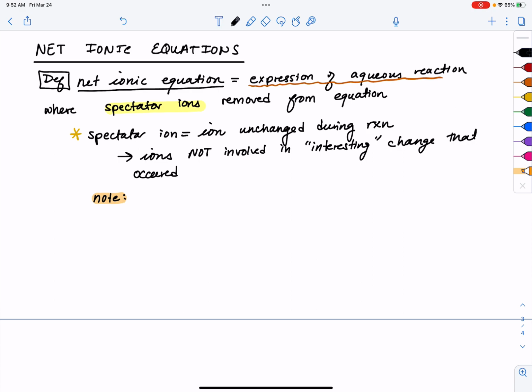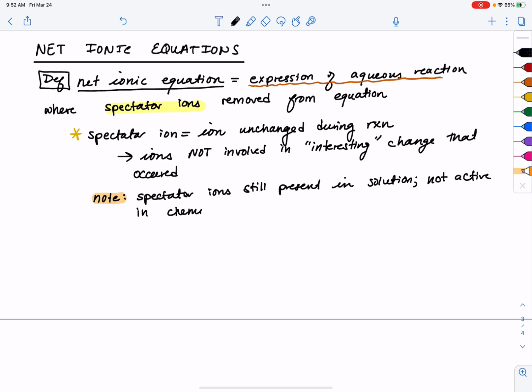So it's very important to remember that the spectator ions are still present in the solution. They're just not active or non-participatory in the chemical change that was going on in that beaker.